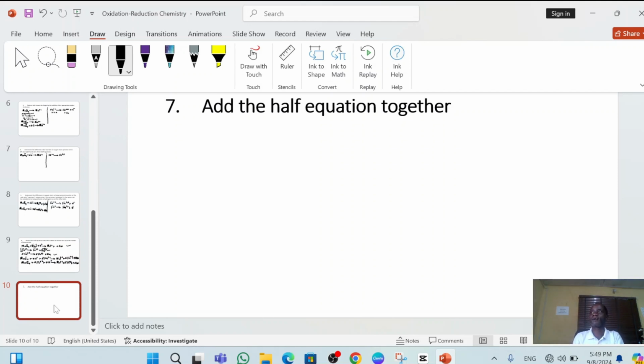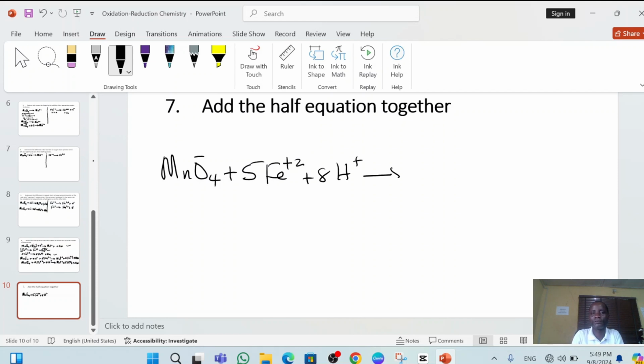That is our equation. That means the general ionic equation for that reaction now is MnO4 minus plus 5 iron 2 plus plus 8 hydrogen ions give manganese 2 plus, 5 iron 3 plus, plus 4 molecules of water, balanced.